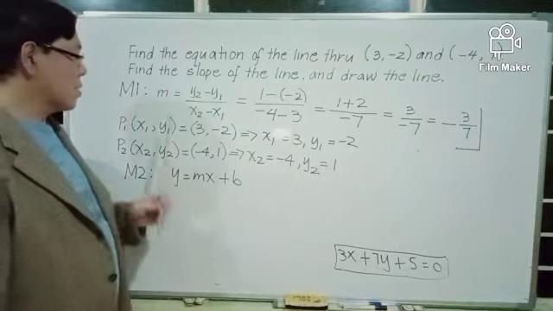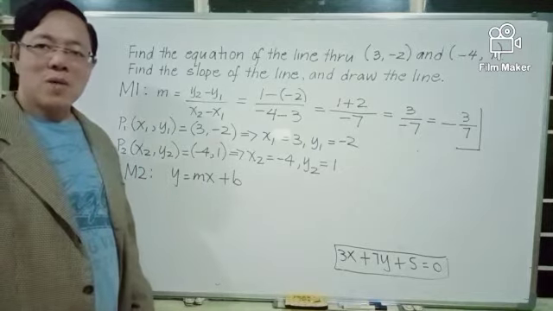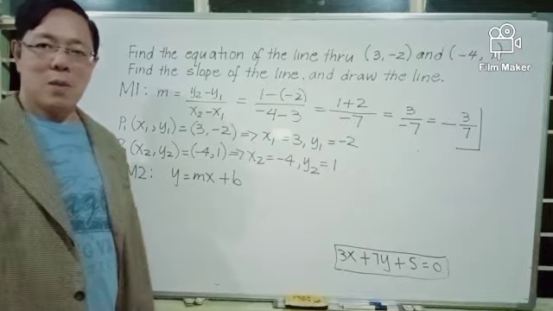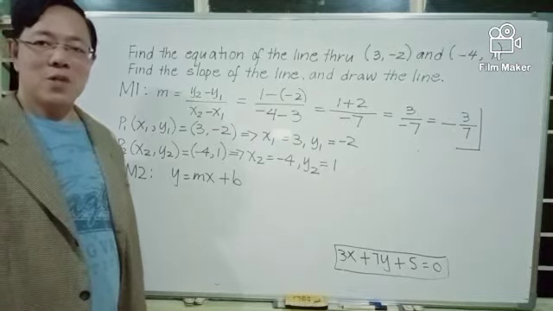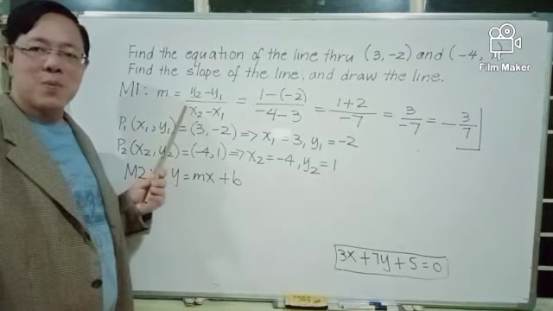And m, of course, is the slope of the line. Later on, we will formally define slope, and we will show how this formula for slope was obtained.